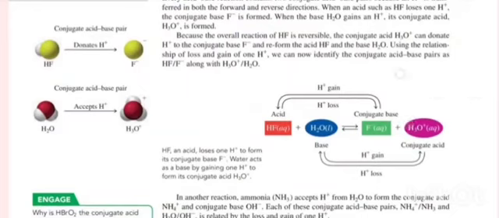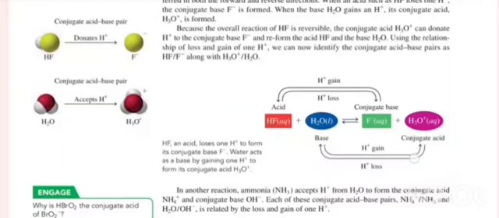Because the overall reaction of HF is reversible, the conjugate acid H3O+ can donate H+ to the conjugate base F- and reform the acid HF and the base H2O. Using the relationship of loss and gain of one H+, we can now identify the conjugate acid-base pairs as HF/F- along with H3O+/H2O.